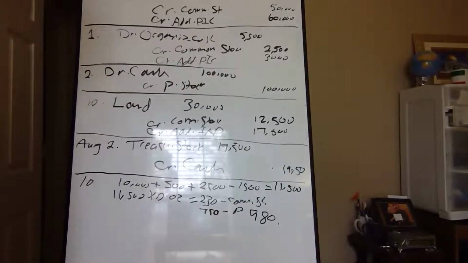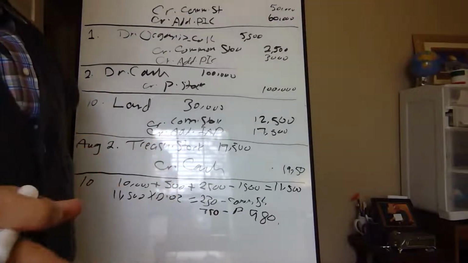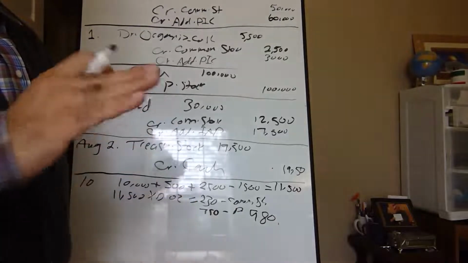So now remember we said there are 3 dates. On the date of declaration, we make a journal entry.